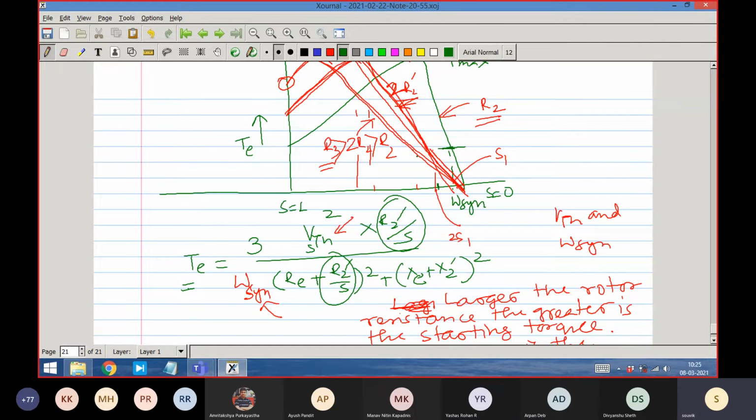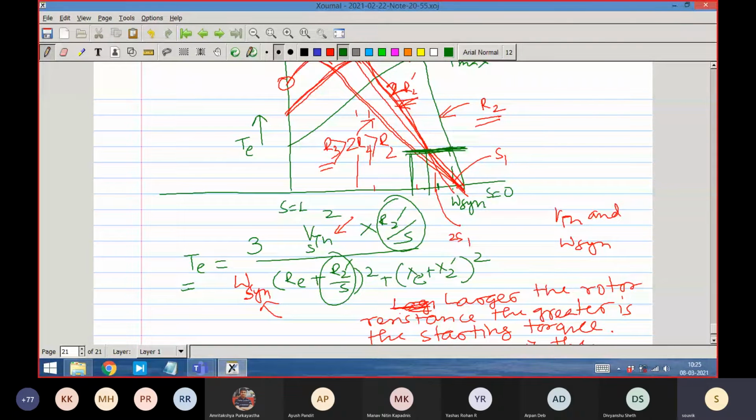So rated torque will be produced at more and more slip. That means the machine is becoming inefficient under running condition. It is good for starting the machine because it is producing higher torque at starting, and therefore it can overcome the load torque better. It will speed up quickly.